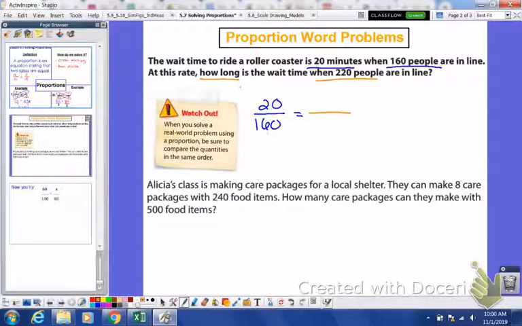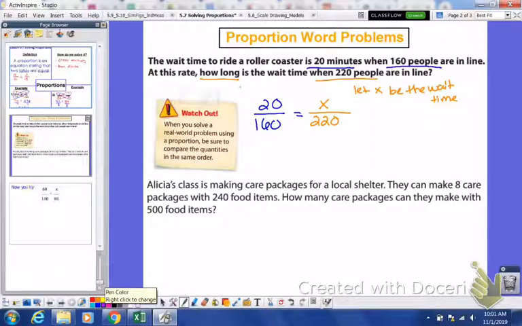Our 160 was our people, so our denominator must stay our people. I don't know my wait time, so that's my x. So let x be the wait time. And now we have a proportion. 20 over 160 equals x over 220.